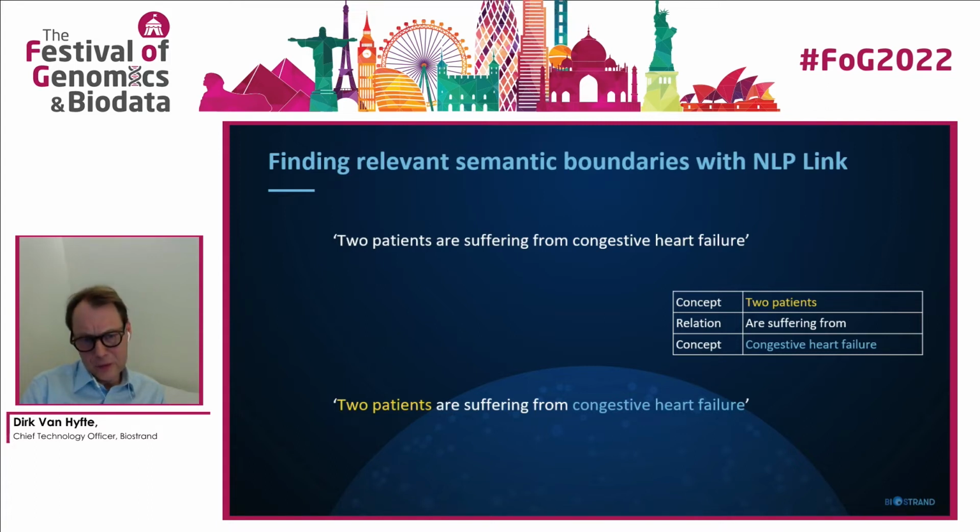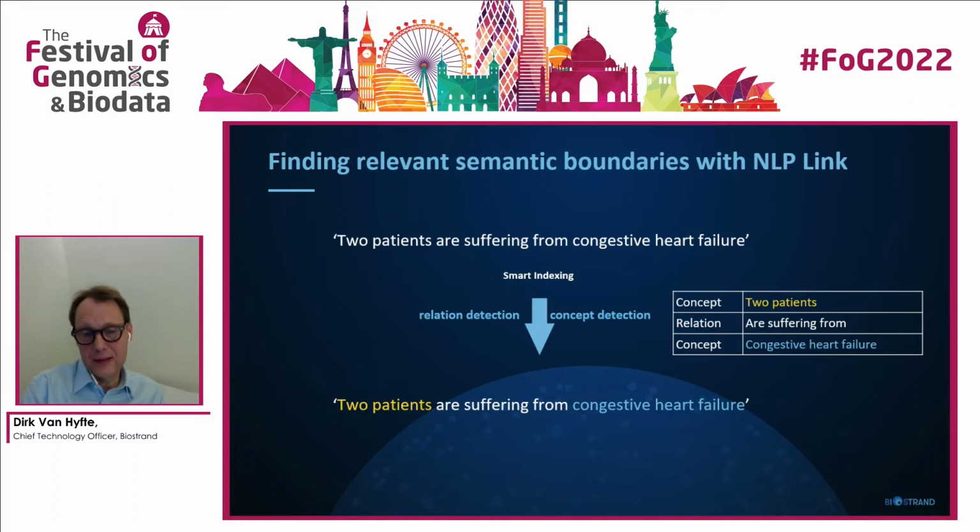Well, let's say you have a sentence, 2 patients are suffering from congestive heart failure. The first thing we do is relation detection. So we identify the relation between different concepts. And mostly they are verbs, not always, depending on the context of a concept. But once you have detected the relational element, then left and right of that relation, you find your concept.